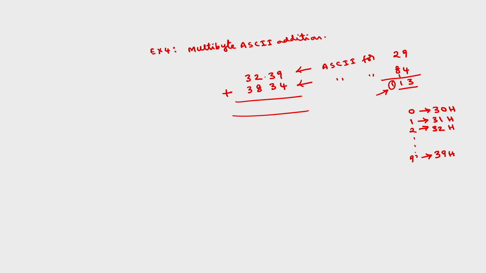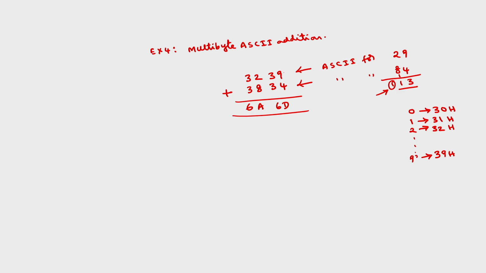If I give this data to the microprocessor, it will assume these are hexadecimal numbers. 9 plus 4 is 13, which is D, and 2 plus 8 is A, so you will get 6A 6D, but I want the result as 13.